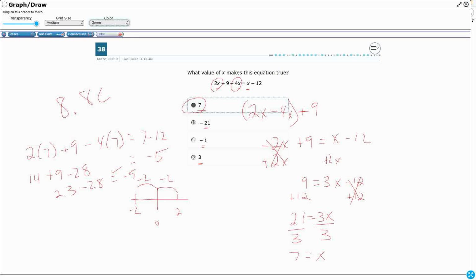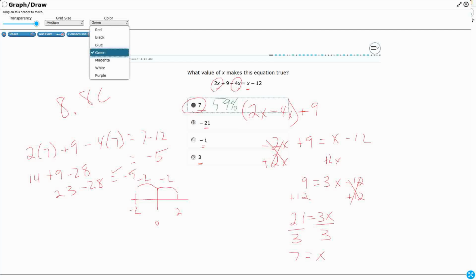We did pretty well on that if we're looking at our state data. 59% of our students, just a hair below that threshold of what we're looking for of 60%. We had 16% of our students choose B. That's if they add x to the left side of the equation by accident. We had 15% of our students choose D, 3.